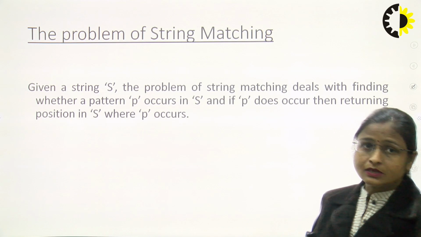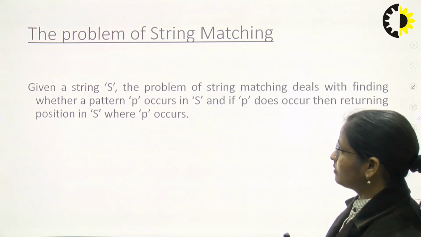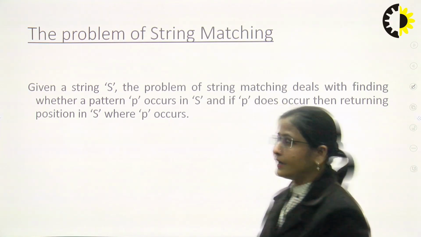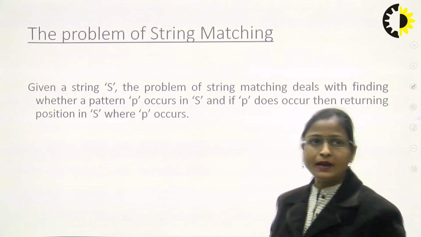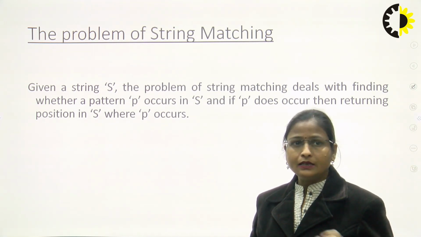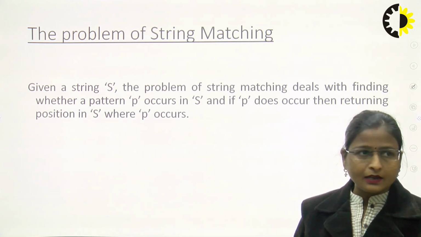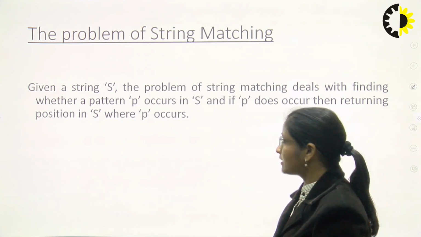So, what is KMP matcher? This is basically the string matching problem. In this case, we are given a string S, and the problem of string matching deals with finding whether a pattern P occurs in the string S or not. And if P does occur, then it returns the position of S where P occurs.